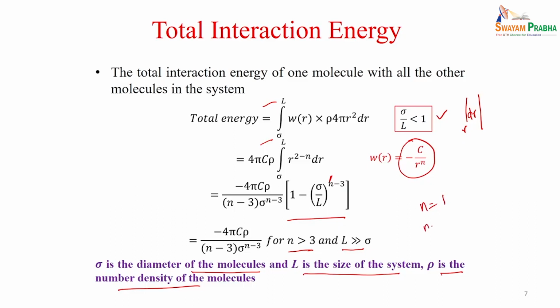So, n is equal to 1 is long range, n is equal to 3 is at the boundary, and n greater than 3, let us say 4, 5 and so on, is the short range.